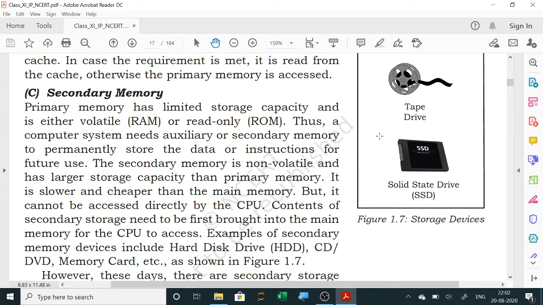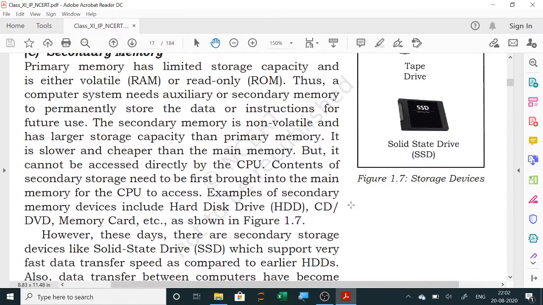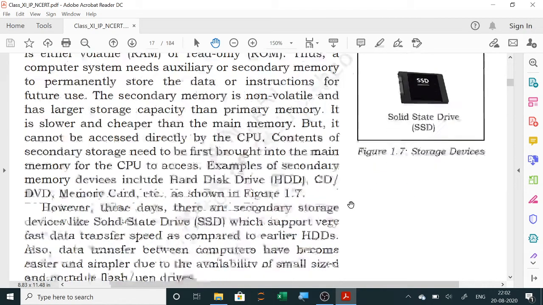It is slower and cheaper than the main memory, but it cannot be accessed directly by the CPU. Contents of secondary storage need to be first brought into main memory for the CPU to access. Examples of secondary memory devices include hard disk drive, CD, DVD, memory cards, etc.